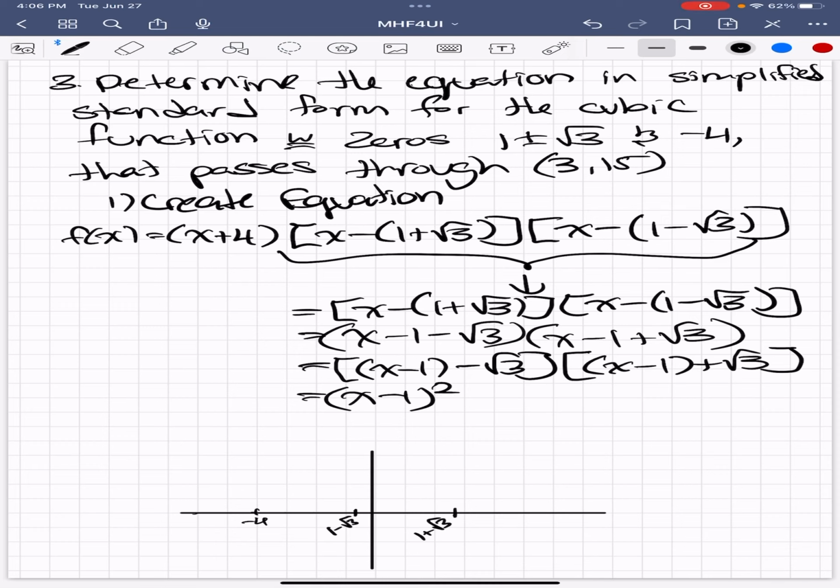We're going to square it. And we're going to remove the radical sign and just do minus 3.